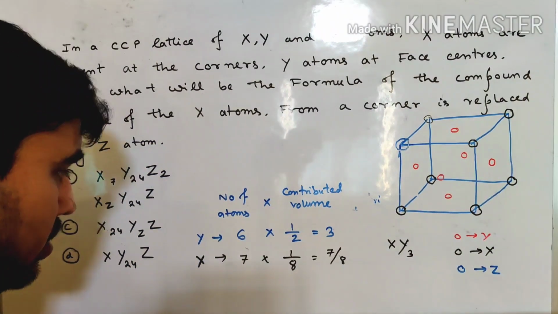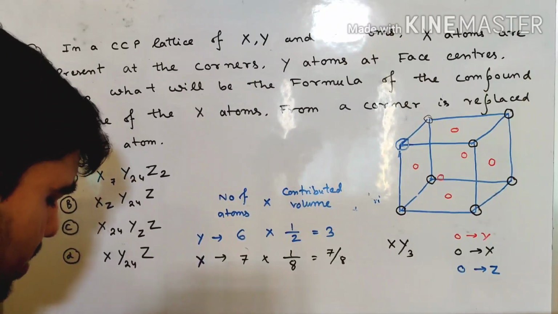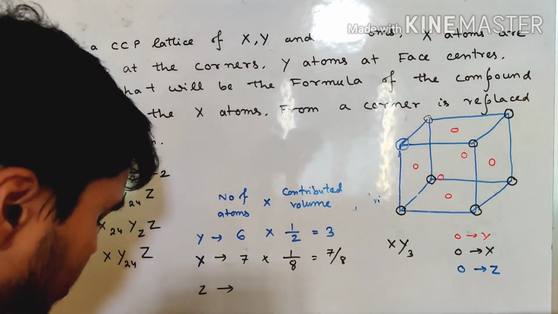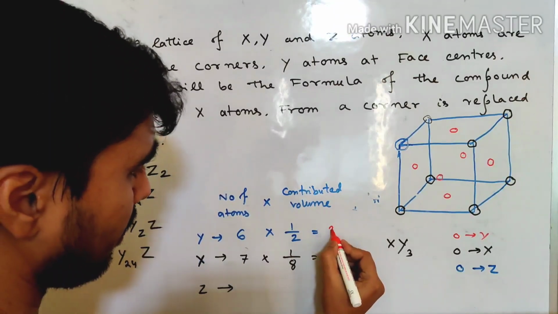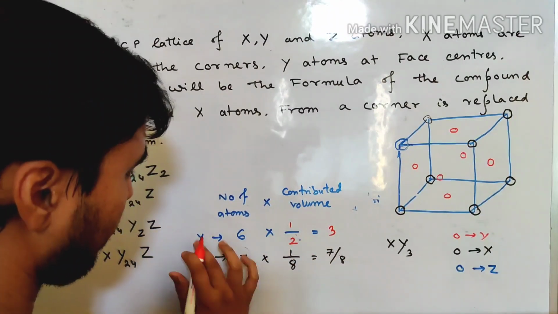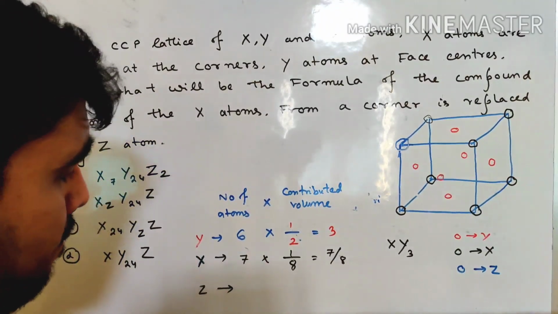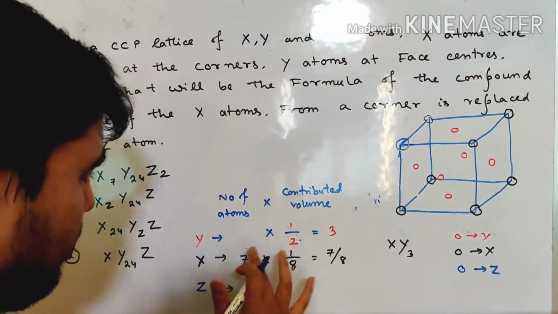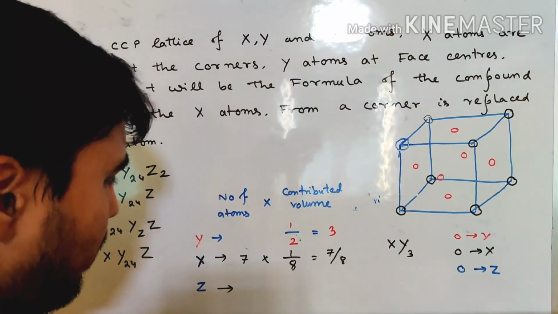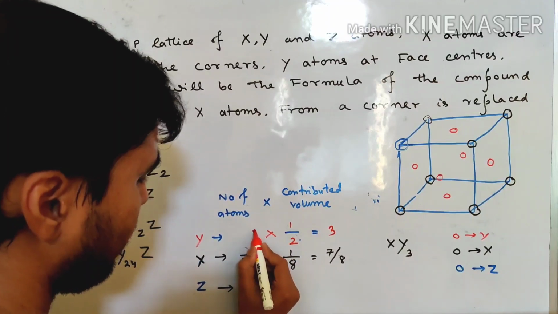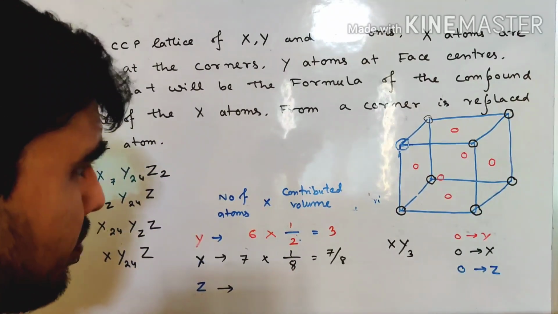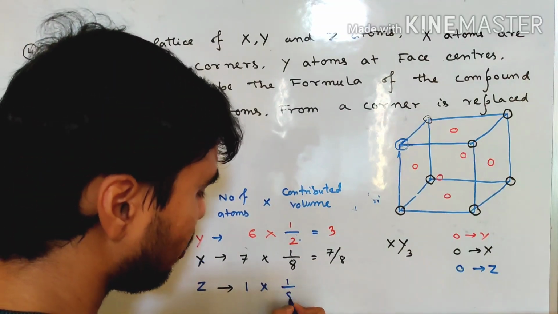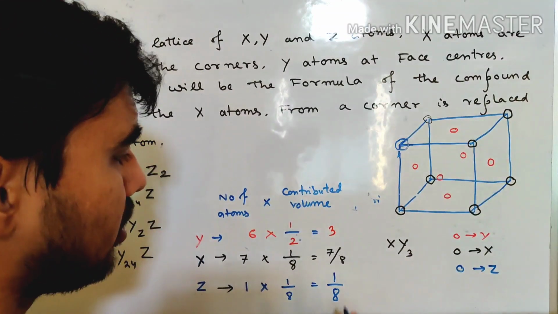And there will be a new atom which is in the form of Z. So in case of Z, you can see the number is only 1 and it is present at the corner, so its contribution will be 1 by 8. So this is the scenario now.